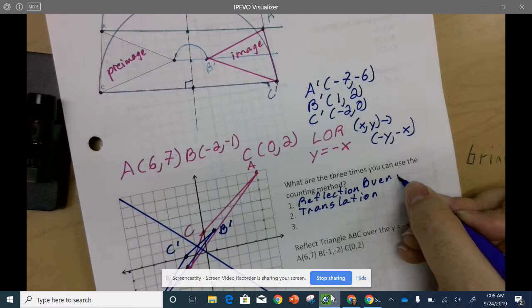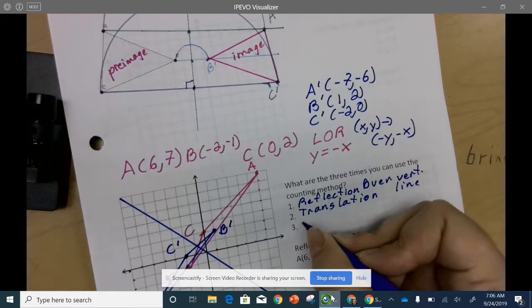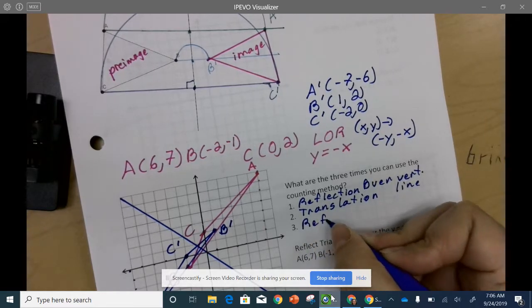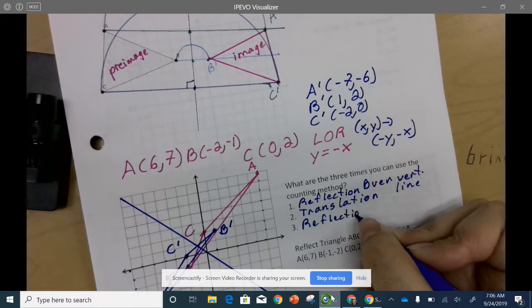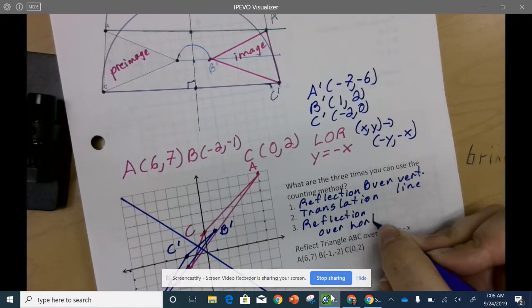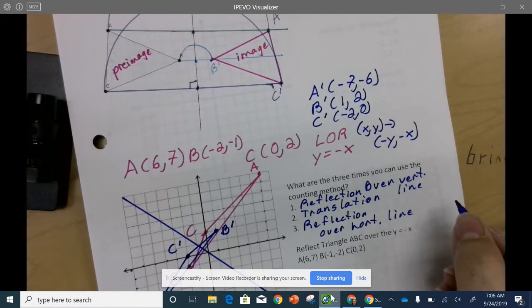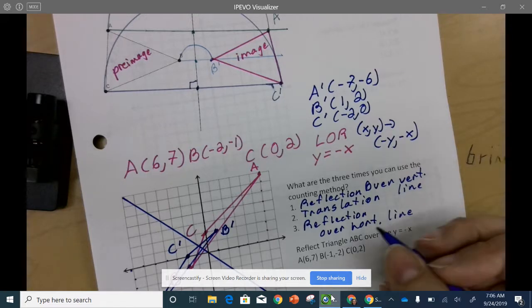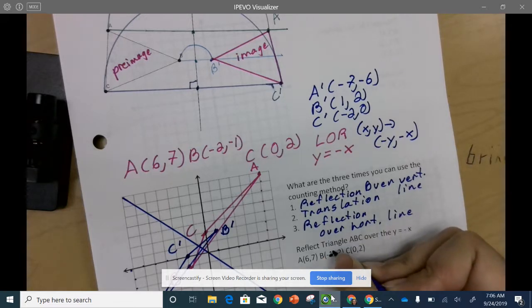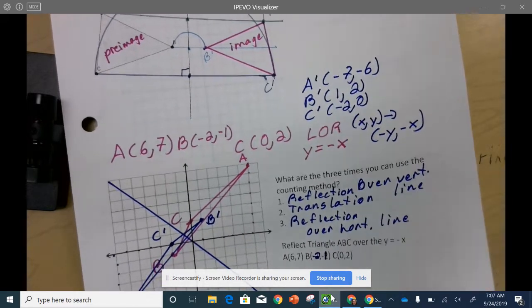Okay, over a vertical line, and a reflection over horizontal line. And everybody for this one, I did -2, 1. Okay? See that?